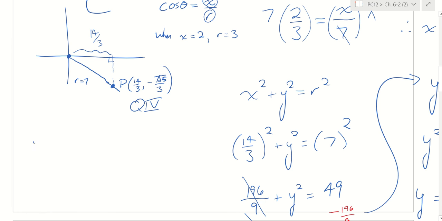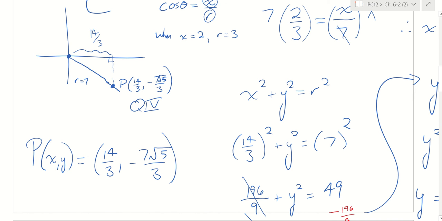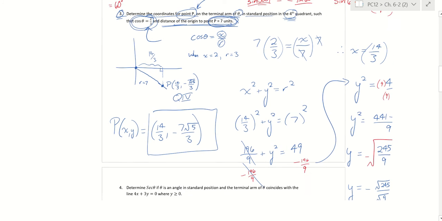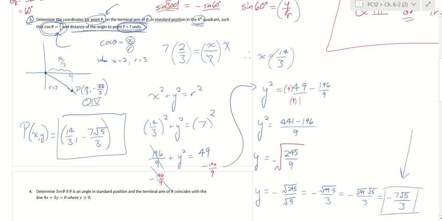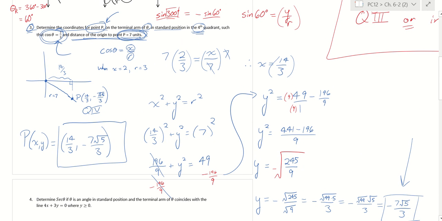Well, the coordinates of point P are 14 over 3, a rational number, and negative 7 root 5 over 3, an irrational number. Now this is definitely not an easy question by any means, but there you go. This is an example of a more difficult kind of 6.2 kind of question.